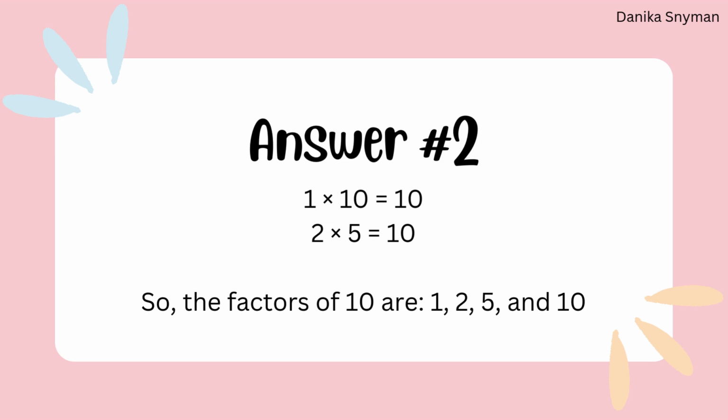And how I know this is because the 1 and the 10, 1 times 10, and the 2 times 5, all four of those numbers are in front of the equal sign. So we know all those numbers are factors. The number itself and the 1 are always going to be factors. So for the factors of 10, it's going to be 10 itself and 1, and then you must just go get the rest.